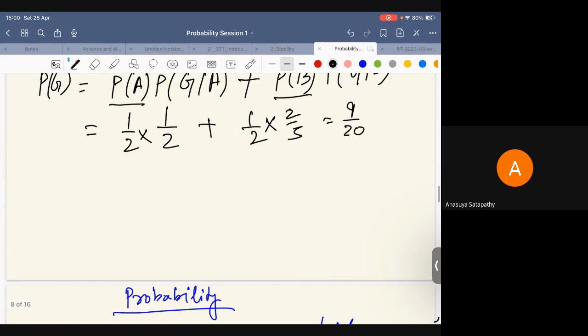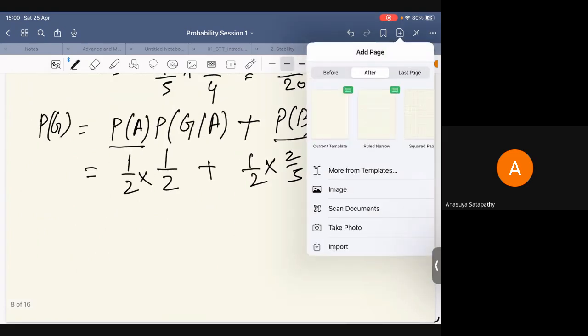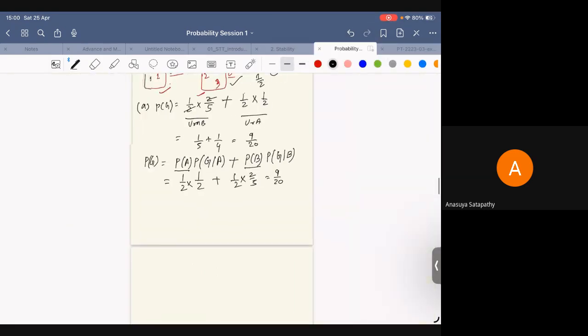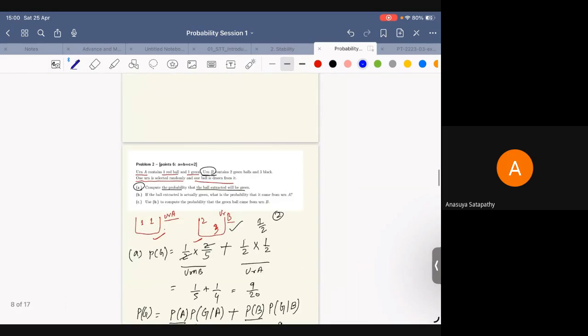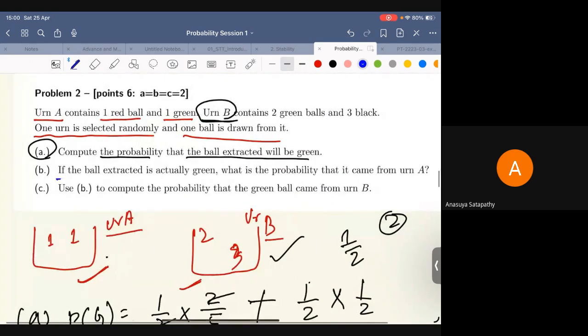Now let's go to option B. Read this question. If the ball is actually green, now the condition is given to you. The ball is actually green. What is the probability that it will come from A?